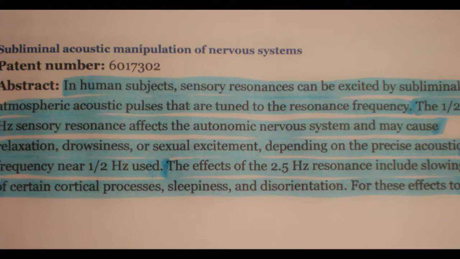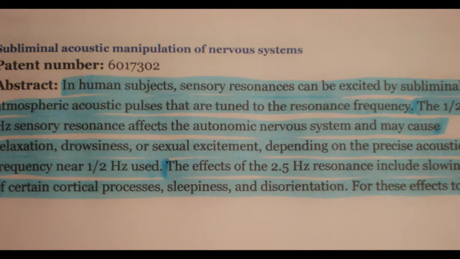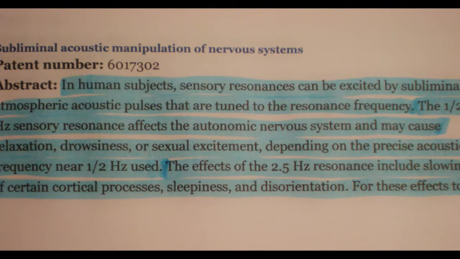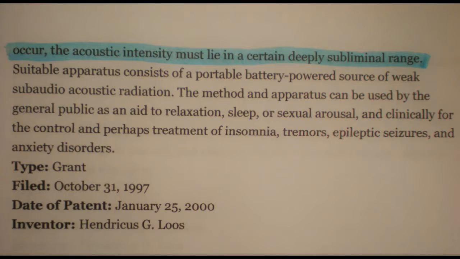The effects of the 2.5 Hz resonance include slowing of certain cortical processes, sleepiness, and disorientation. For these effects to occur, the acoustic intensity must lie in a certain deeply subliminal range.